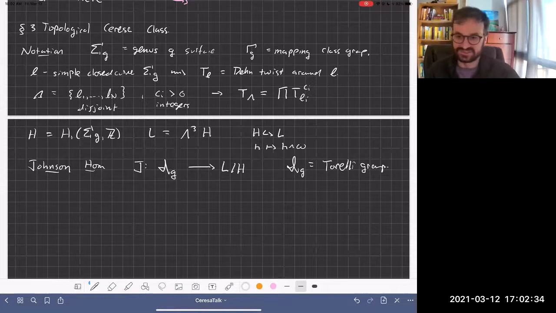This Johnson homomorphism was defined by Dennis Johnson in the 80s. There's a way to define this without using coordinates, but the way I'm going to describe it is in terms of coordinates, because it's useful for our computations, and it's an easy way to get your hands dirty with the Johnson homomorphism. So it's characterized in the following way.